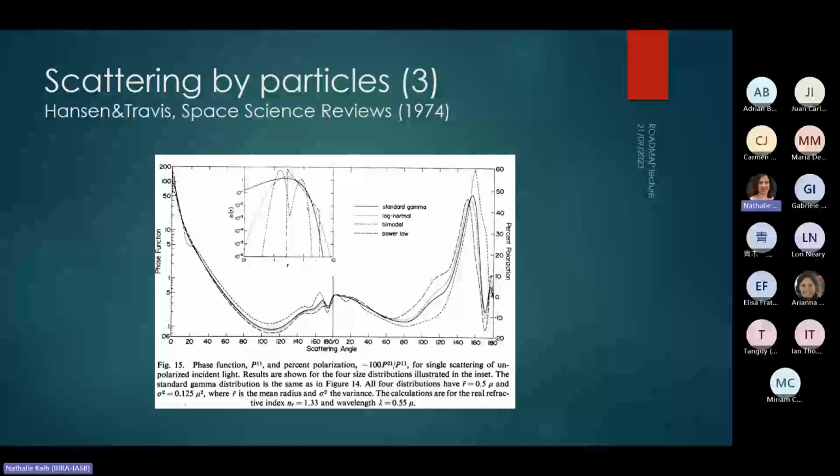So a huge forward scattering peak, smaller backscatter peak. And this is the degree of polarization. At the forward direction it is 0. Backward direction is 0. But you can see in the degree of polarization the presence of things like rainbows. Or here, this peak, this is the glory in the backscatter direction.